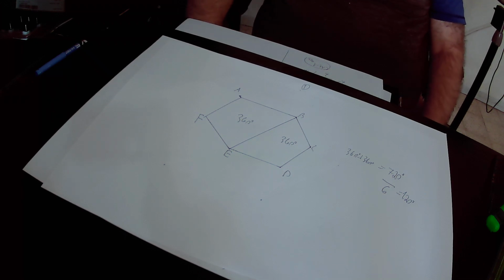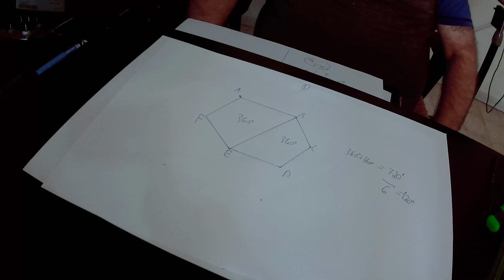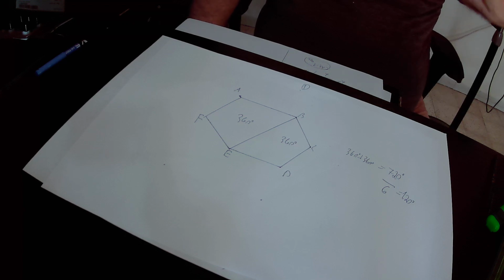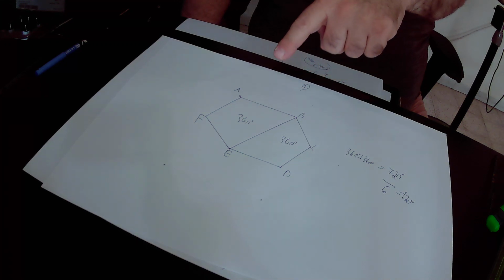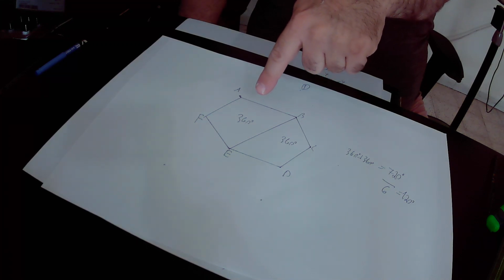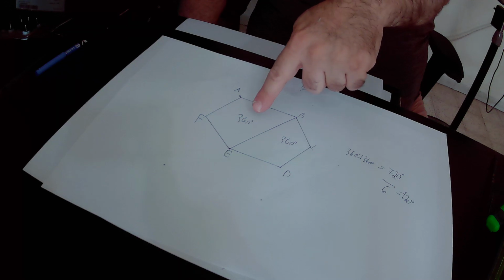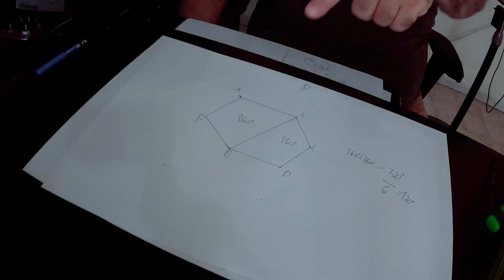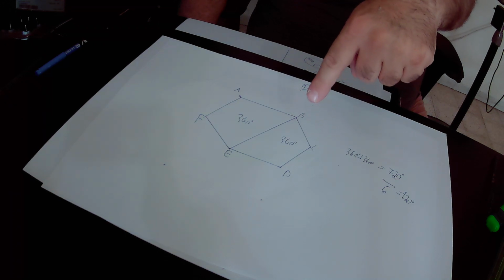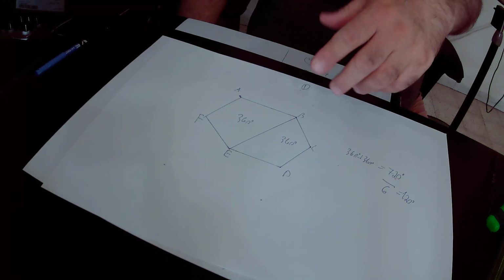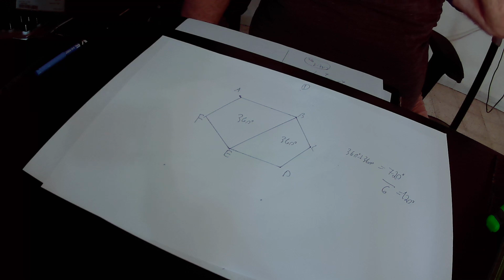And we know that the sum of the angles in any quadrilateral is equal to 360 degrees. So the sum of the angles in quadrilateral ABFE is equal to 360 degrees. Likewise, the sum of the angles in this quadrilateral BCDE is also equal to 360 degrees.